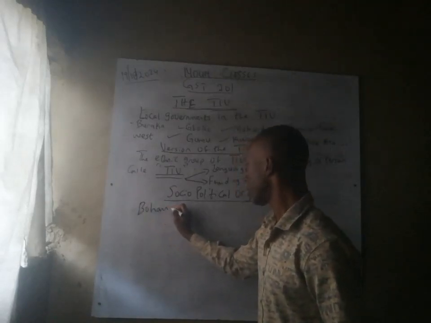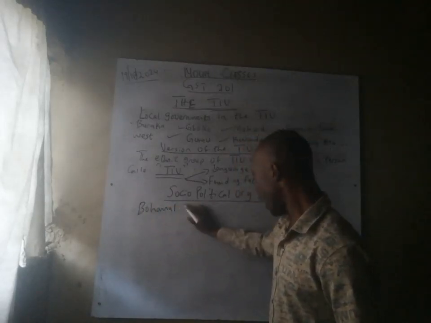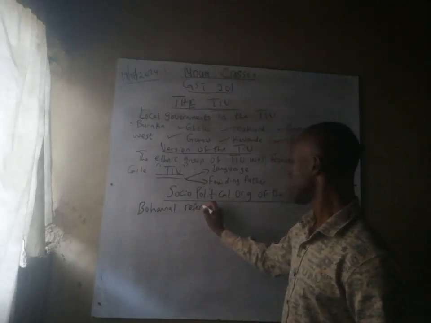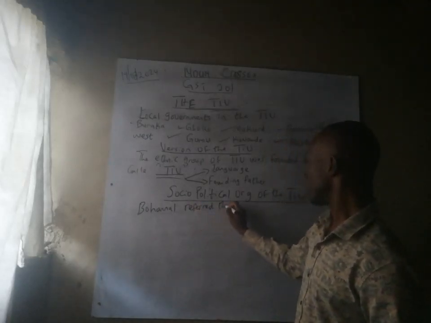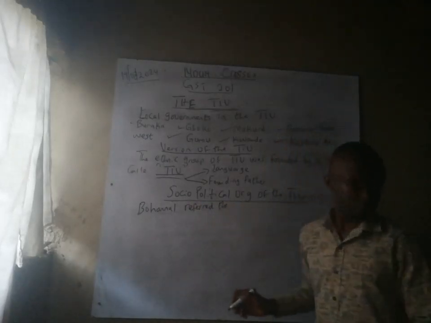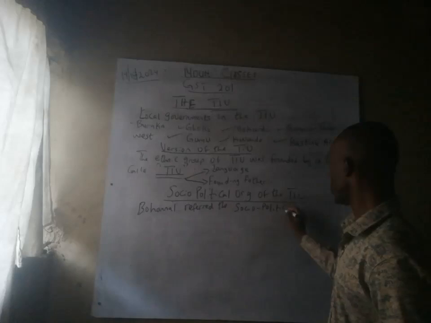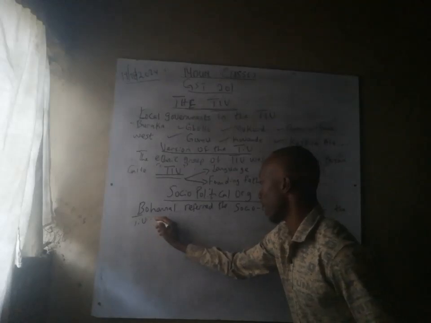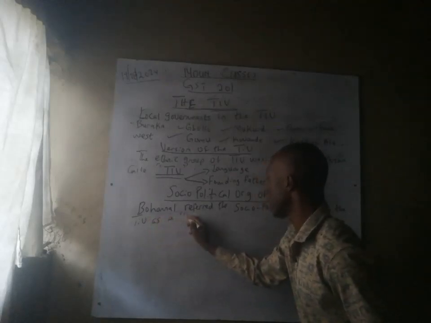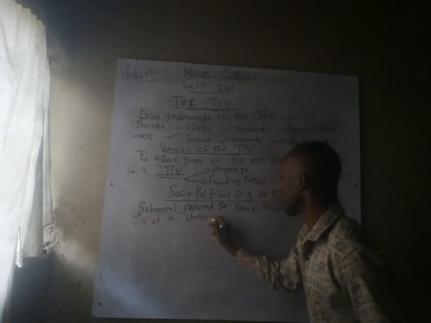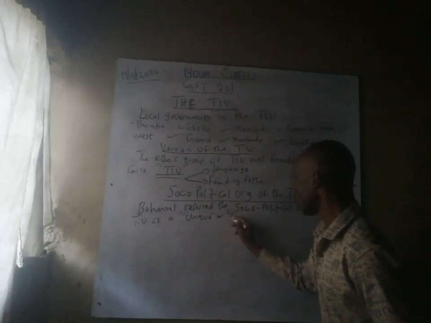Bohannan referred to the social-political organization of the Tiv as unique or classical.